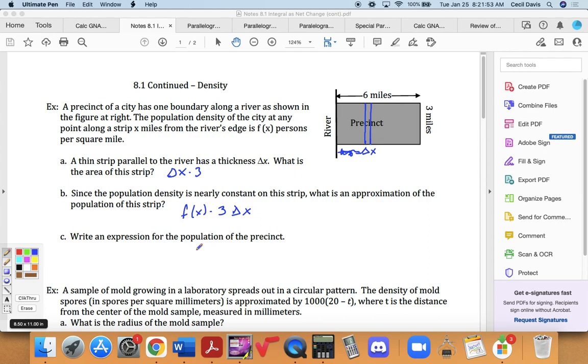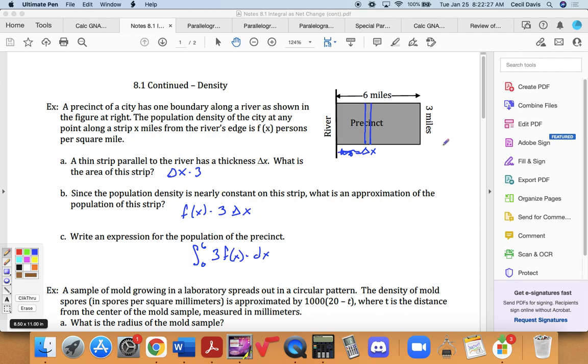So you're close. It would be the integral from 0 to 6. So 0 miles from the river until you get to 6 miles from the river of 3 times f of x dx. This breaks it into an infinite number of tiny little strips, and the integral adds all those together.